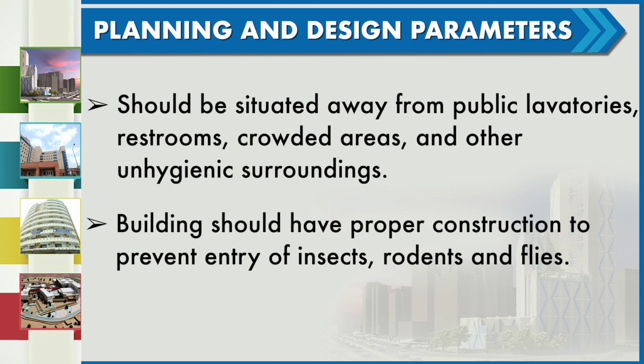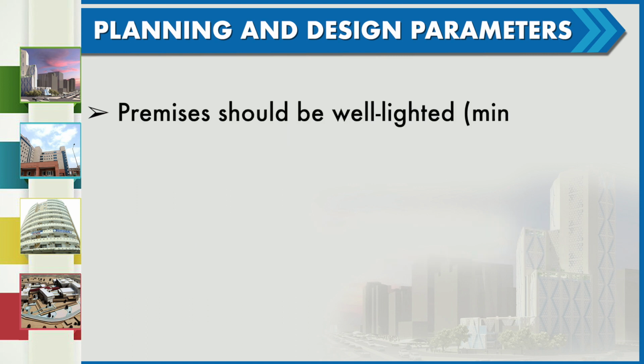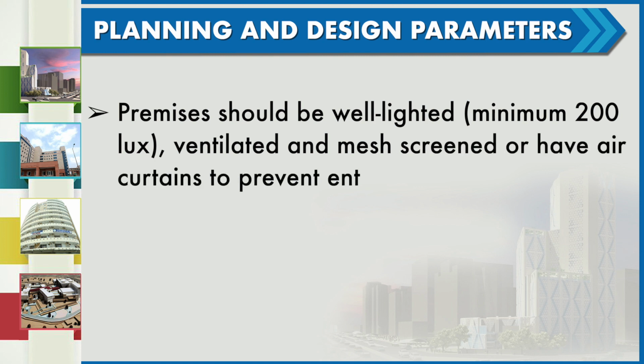The building should have proper construction to prevent entry of insects, rodents and flies. The premises should be well lighted, minimum 200 lux of light level, ventilated with a ventilated mesh, screened or should have air curtains to prevent entry of flies and other insects.